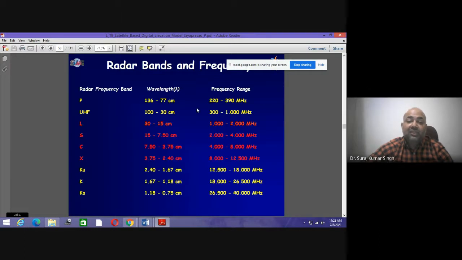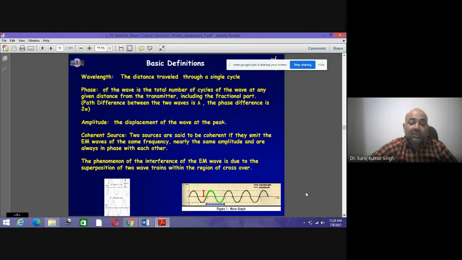So these are the various bands with their frequencies that we are using in microwave satellites. When you're talking about the P band, the wavelength is from 136 to 77 centimeter, and the frequency is 220 to 390 megahertz. We have already done this in our earlier exercises, so I will not go into the detail.